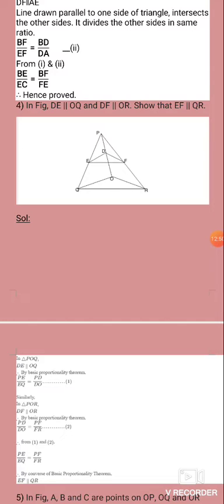Call it equation 1. Similarly in triangle POR, DF is parallel to OR, so PD by DO is equal to PF by FR. Call it equation 2. From 1 and 2, PE by EQ is equal to PF by FR. So we consider the converse of the BPT. What we want to prove is that EF is parallel to QR, using the converse of the BPT.